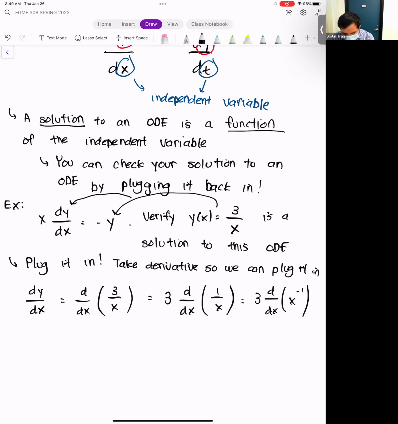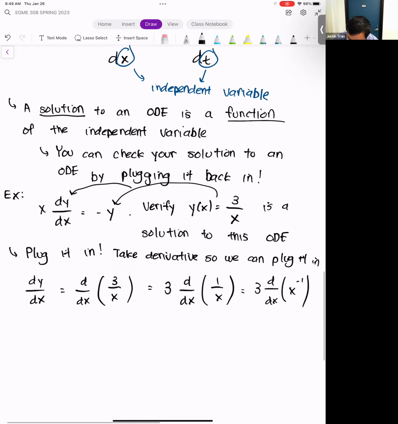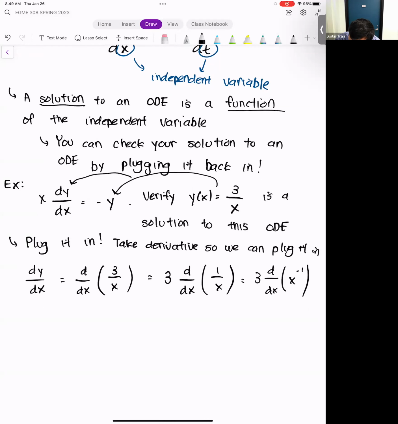From there, it's easy to see how we take the derivative. We use the power rule, so we multiply by the minus 1, and this will be minus 3 times x to the minus 2. So this is going to be minus 3 over x squared.